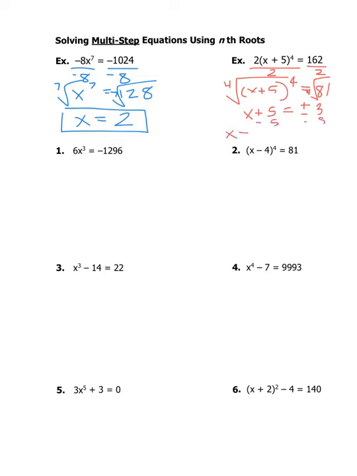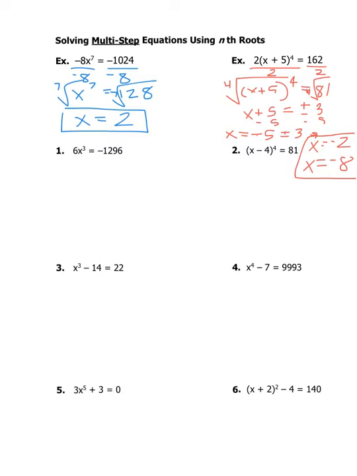So now x is equal to -5 plus or minus 3. And if I were to simplify each one of those, -5 plus 3 would give me -2, and -5 minus 3 is -8. So those would be my two solutions there for that one. Because I had that even root, I had to break it down.